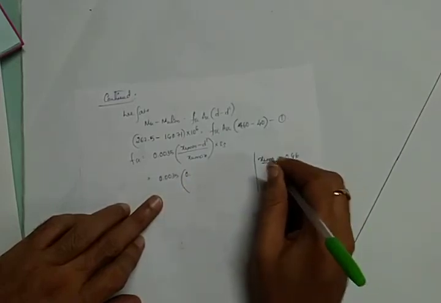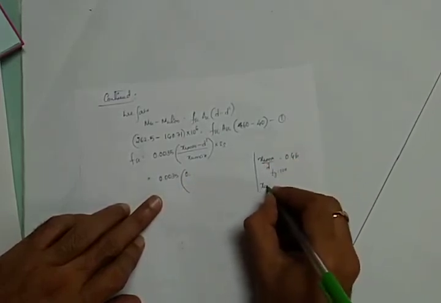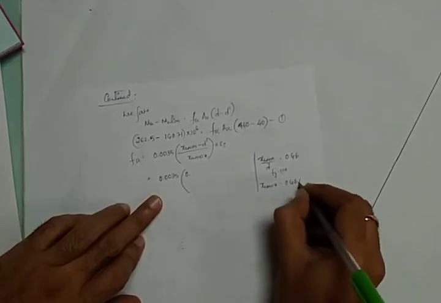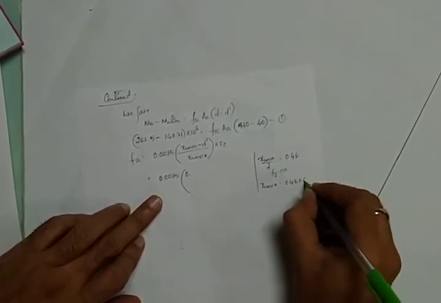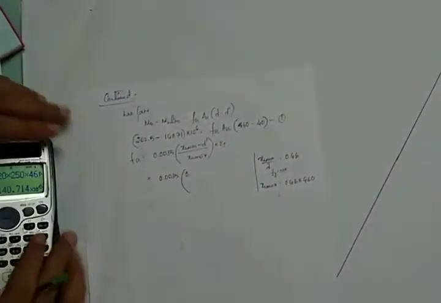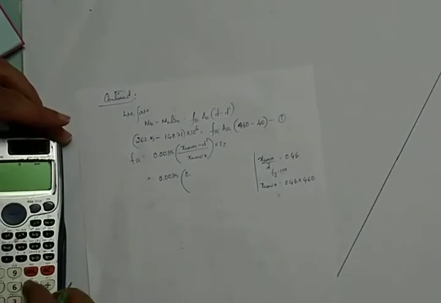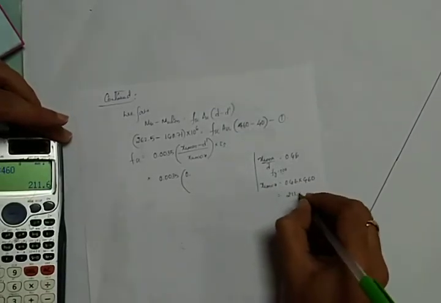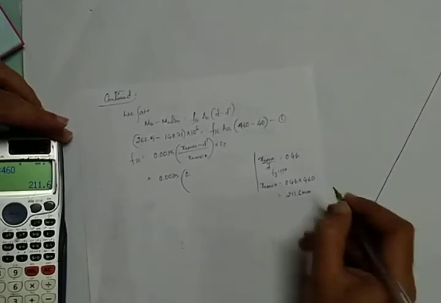So we have to calculate XU maximum. Therefore XU maximum is equal to 0.46 into D, which is known, that is 460. So you calculate this value, 0.46 into 460 is equal to 211.6 mm. Write the unit.